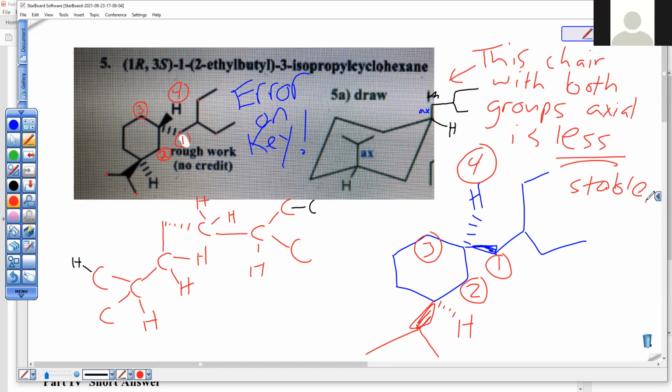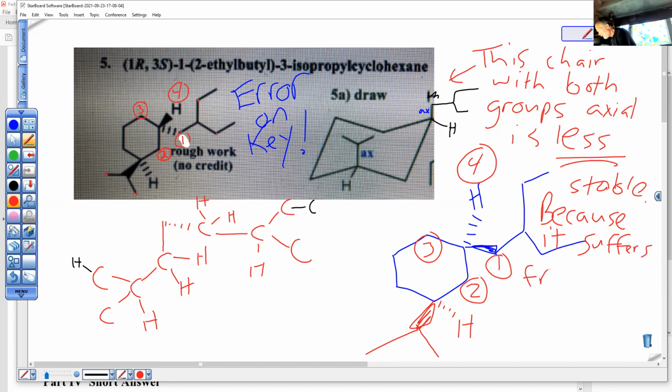Professor, you said in class that if we were to give an explanation like this, we get 0. We have to say that it has 1,3 diaxial repulsion. That's right, because I need the magic words. Why is it less stable? Because it suffers from more 1,3 diaxial repulsion.